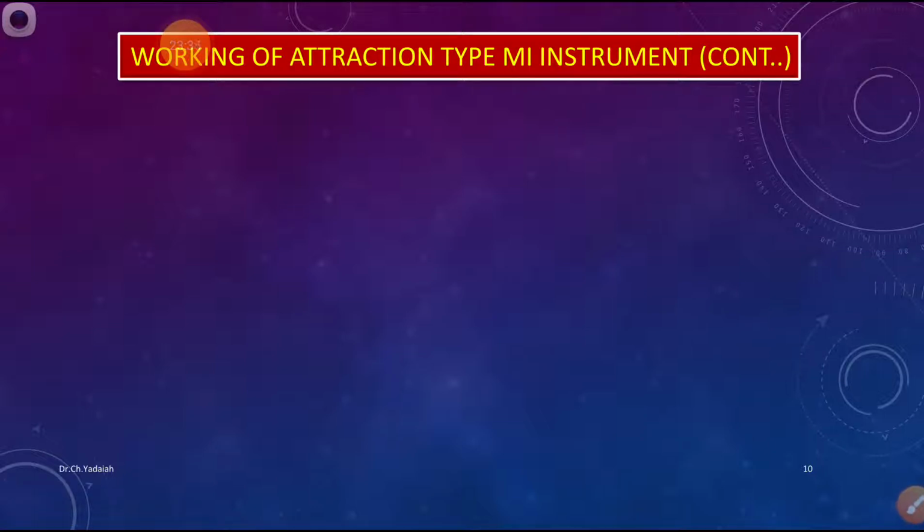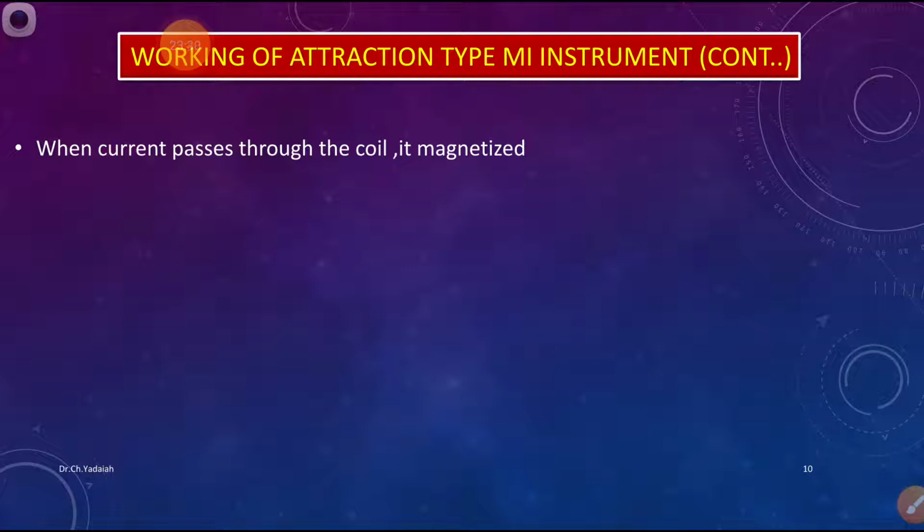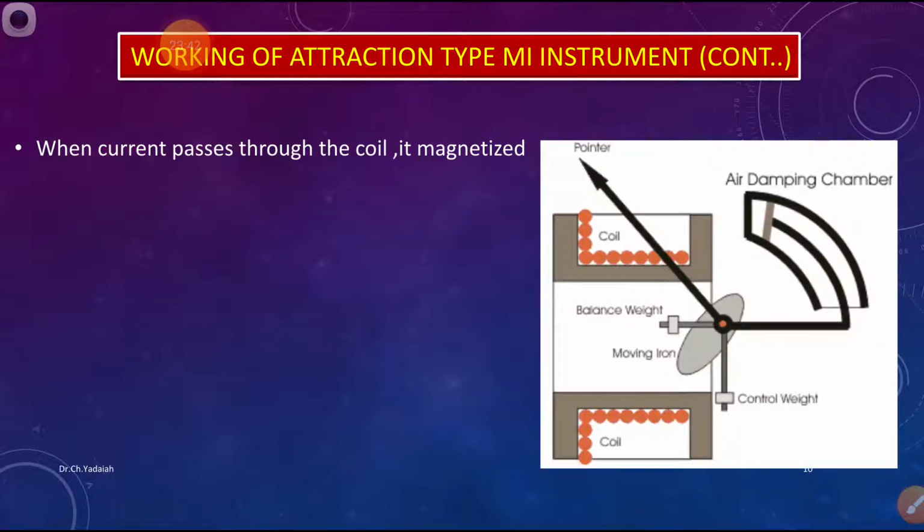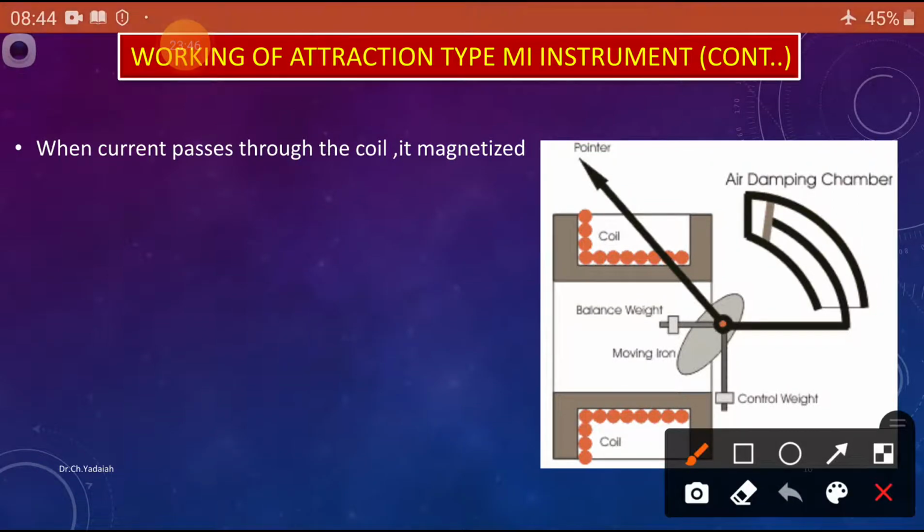Now, the working of attraction type instruments. When current passes through the coil, it is magnetized. You can see in the figure. Here this red color is the coil, a copper coil, shown in cross-sectional view. You can see this is a coil.